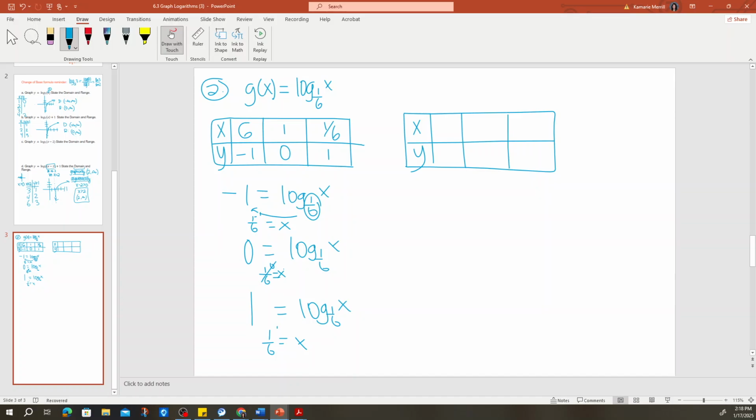So always start with a 1. 1 is the easiest parent value because it'll always give you a what? 0. What's the next easiest one? 6. If I plug in a 6 into log base 1/6 of 6, I have to turn the 6 into a 1/6. So what does that do to my exponent? Negative 1, right?